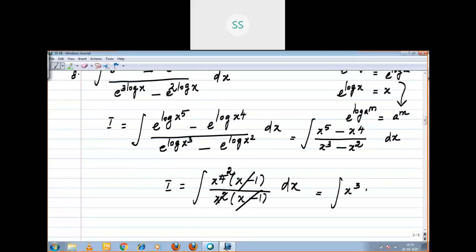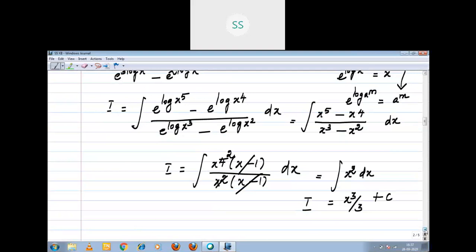Then it becomes integral x power 2 into dx, which is equal to x power 3 by 3 plus c. Got it, children?